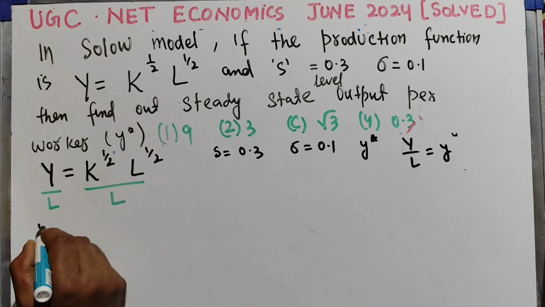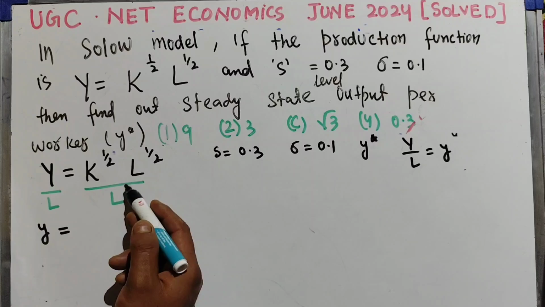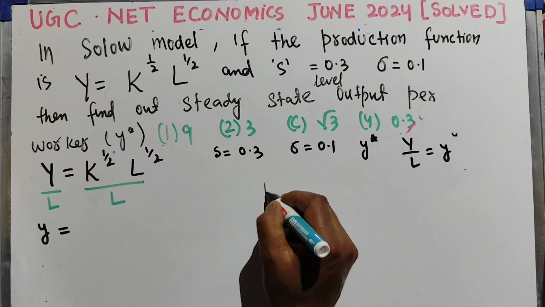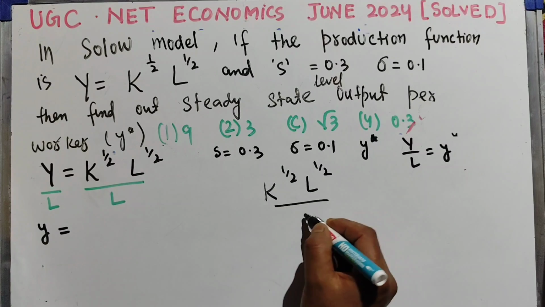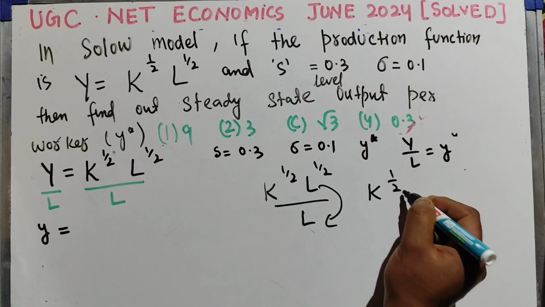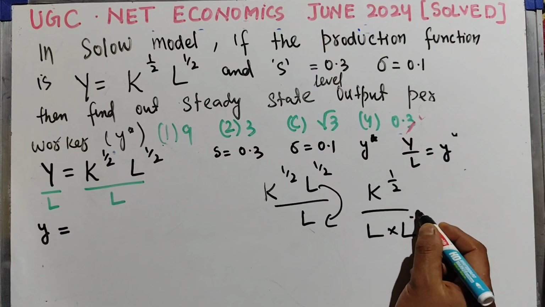So output per worker will be equal to k raised to the power 1/2 times L raised to the power 1/2 divided by L. Transposing this L, we will get k raised to the power 1/2 times L raised to the power minus 1/2.